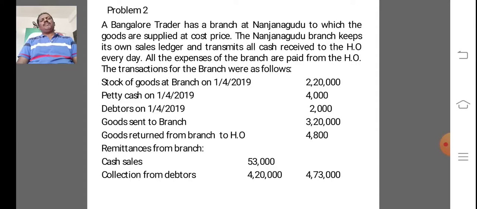Stock of goods at branch on 1/4/2019 2,20,000. Petty cash on 1/4/2019 4,000. Debtors on 1/4/2019 2,000. Goods sent to branch 3,20,000.